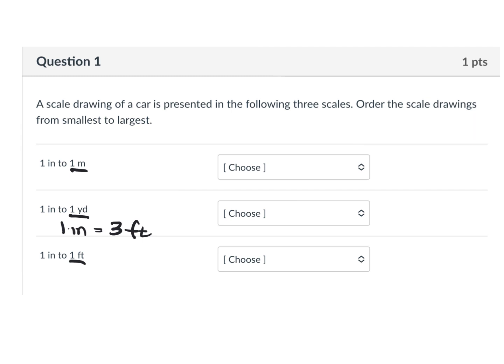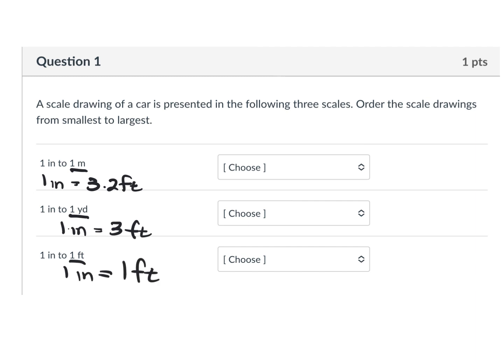If we look it up, it says 1 meter is 3.2 feet, so 1 inch equals 3.2 feet. Okay, so we have 1 inch to 1 foot down here if we rewrite it.